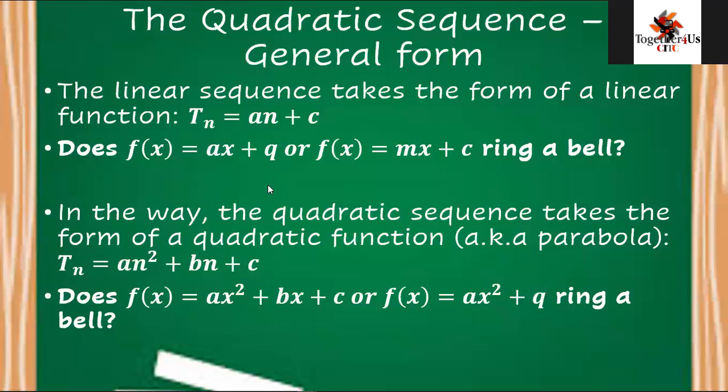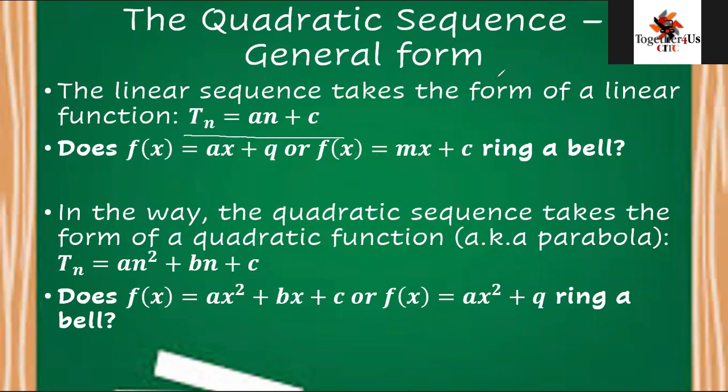I'm just going to take a quick recap. We have established actually that when we talk of a linear sequence, we're talking of a sequence that has the form Tn equals An plus C. And I want to also challenge you once again, ask you again if f of x equals ax plus q or f of x equals mx plus c rings a bell in your mind when you actually see this.